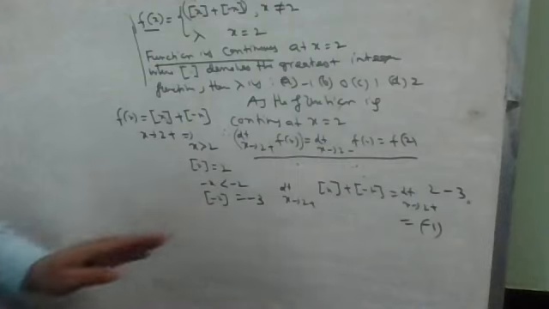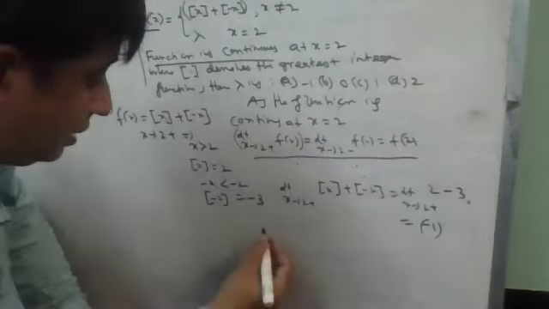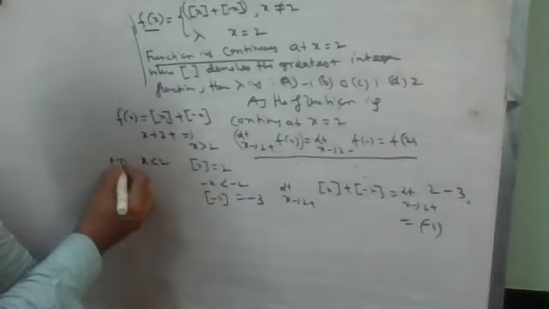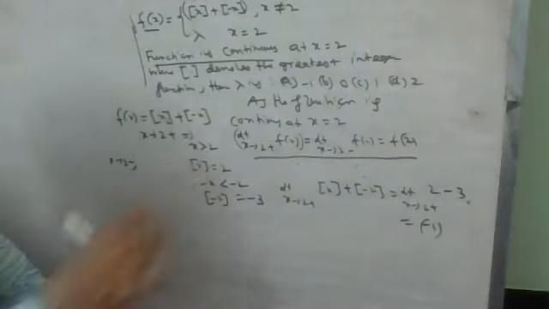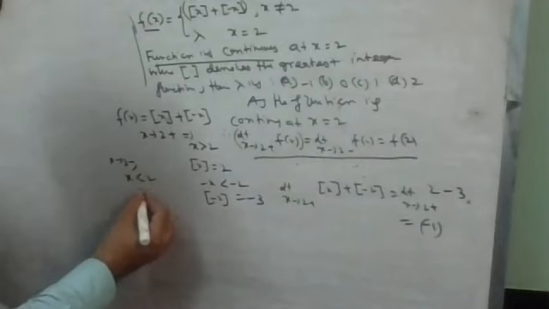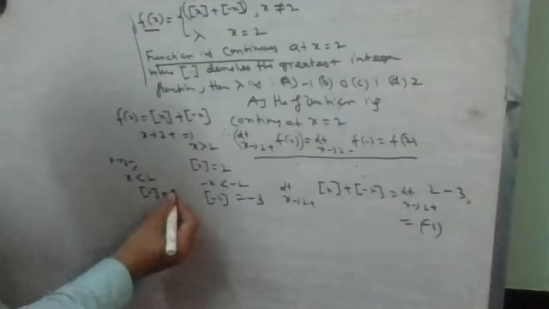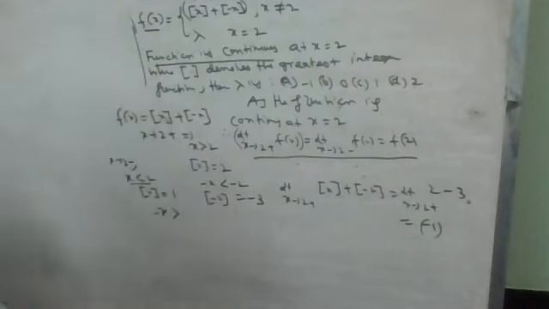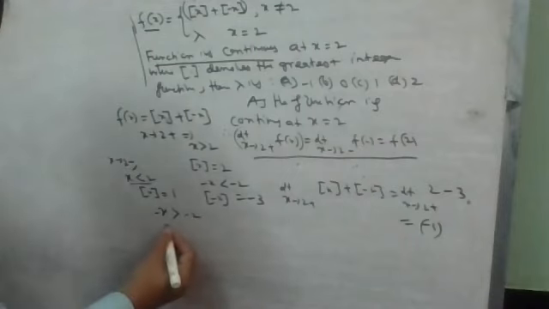What about the left hand limit? It must be equal because continuity was given. But still, if you have the desire to know how we can make them equal, see x less than 2, x tends to 2 minus. It means x less than 2, then [x] is 1. x less than 2 means minus x greater than minus 2.